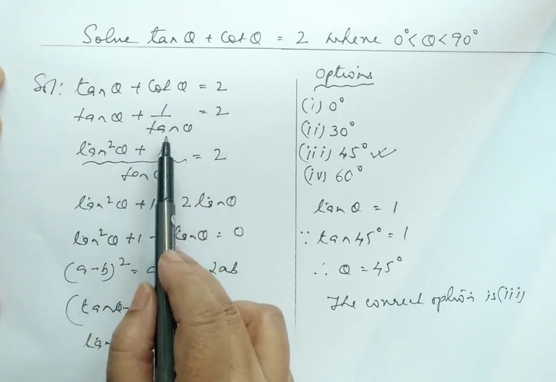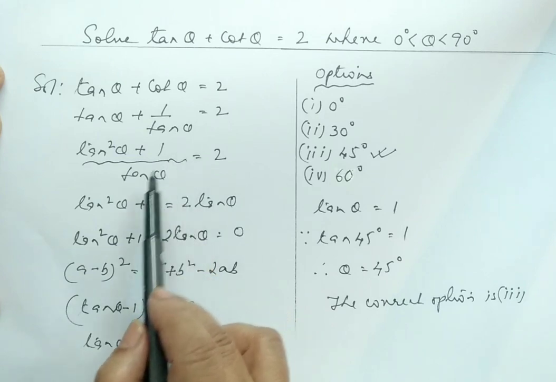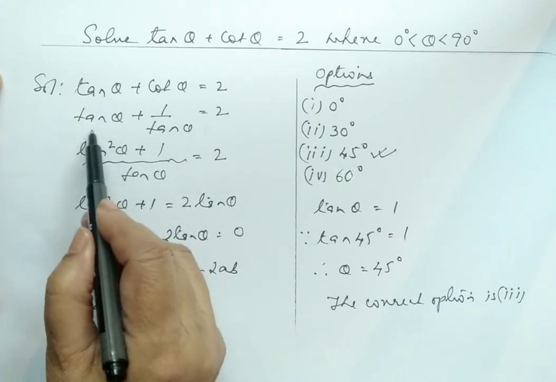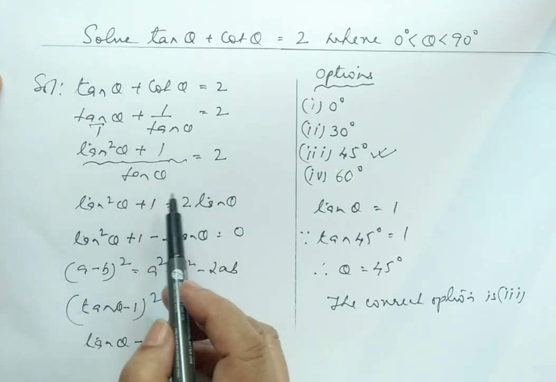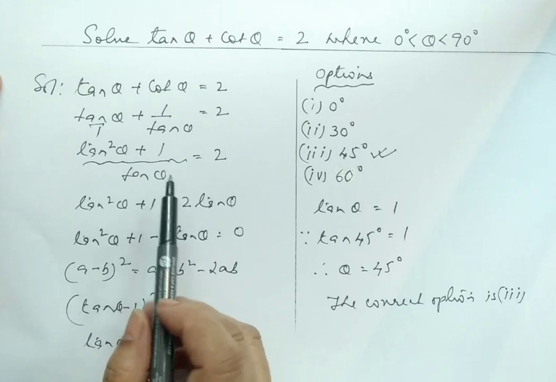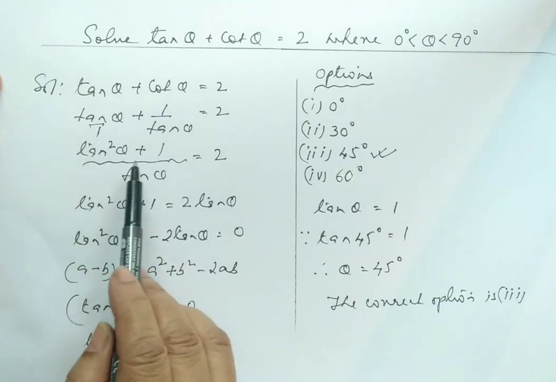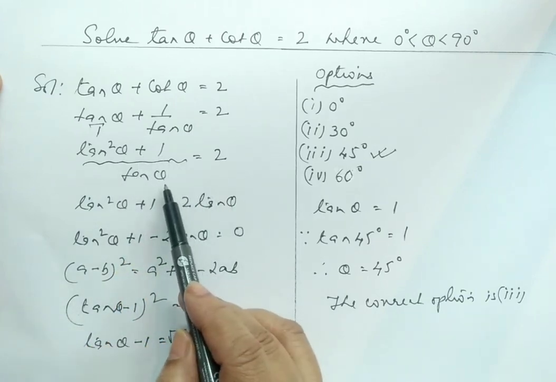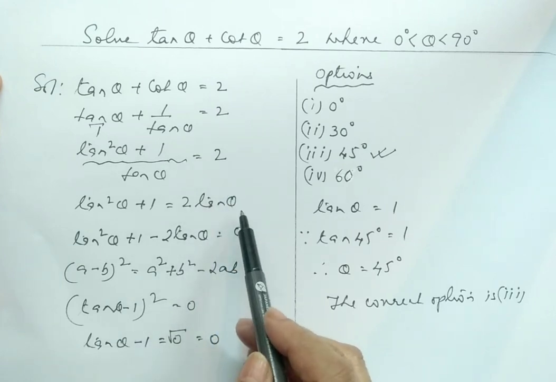And then we try to get the reciprocal of cot, which is 1 by tan theta. After which we get down to simplification by taking the LCM of these two, 1 and tan theta. We get tan theta and then we get tan square theta plus 1, and then we try and transpose tan theta to the other side in the next level.